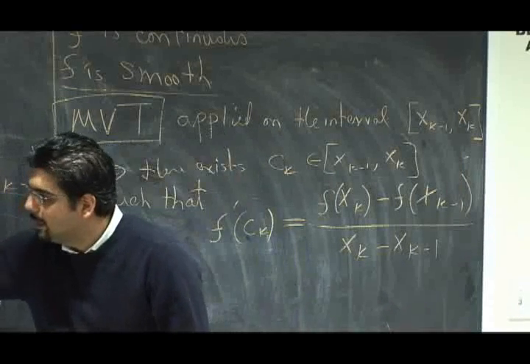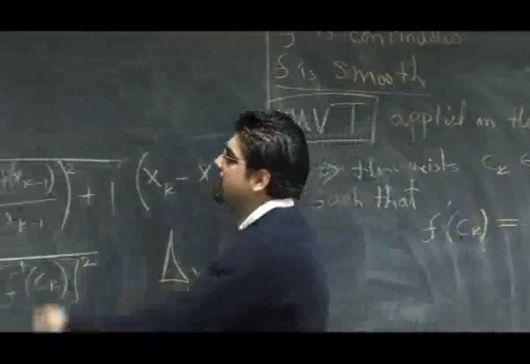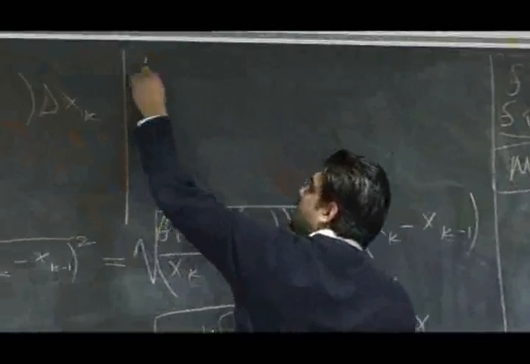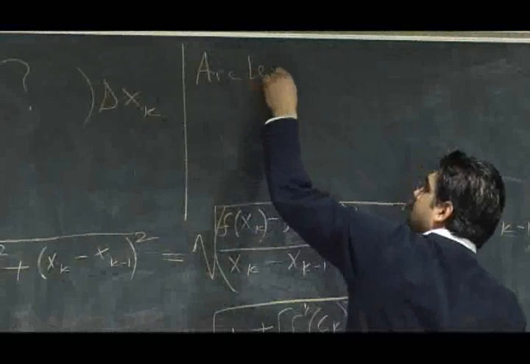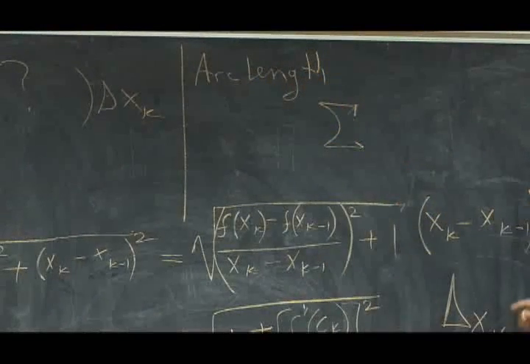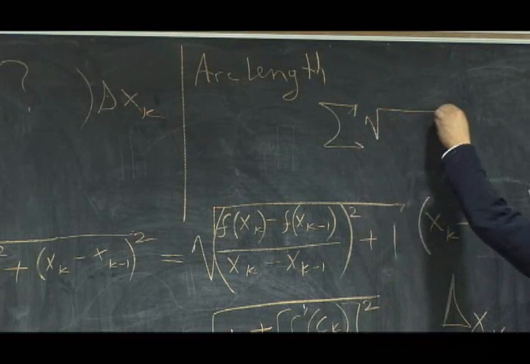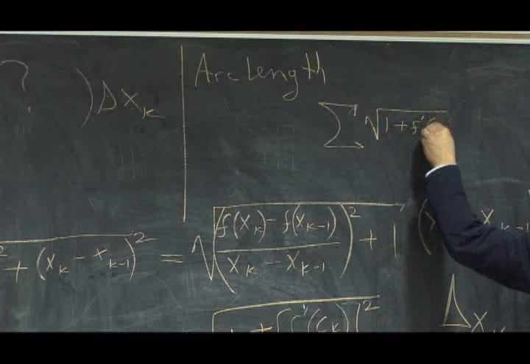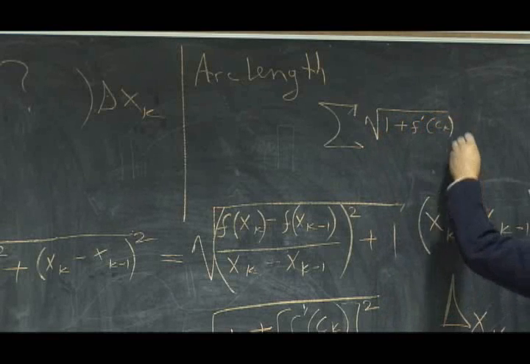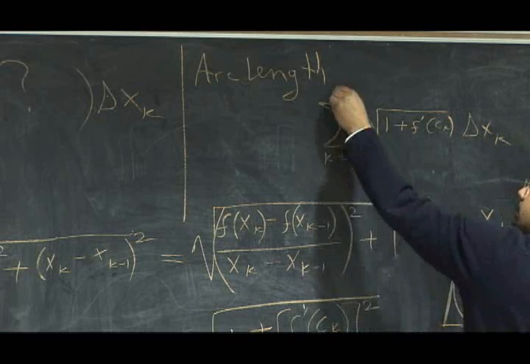Now, what did we start out with? This expresses the length of one segment, yes? So, here's the idea. Arc length, okay, we're going to add the length of each segment. Each segment has a length square root of 1 plus f prime of c k squared, times delta x k. And I'm going to do this for every single interval from 1 to n.